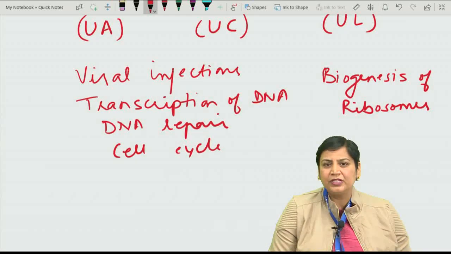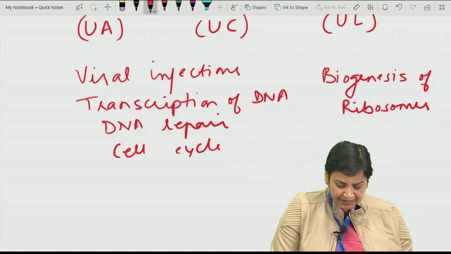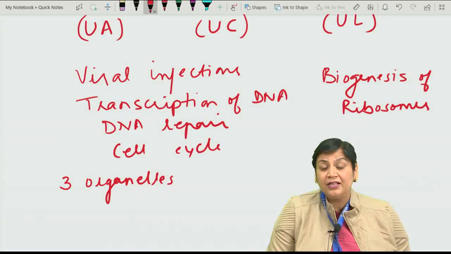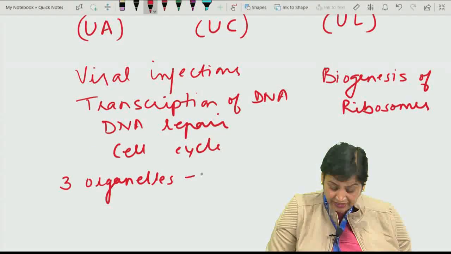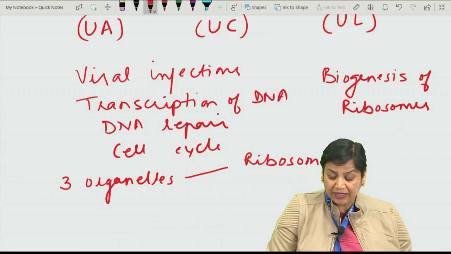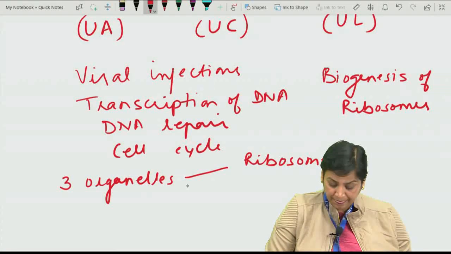Now another very important feature which I would like to bring here is there are three organelles which are involved in the synthesis of proteins. One is obviously the ribosomes because ribosomes are also known as the protein synthesizing machineries.